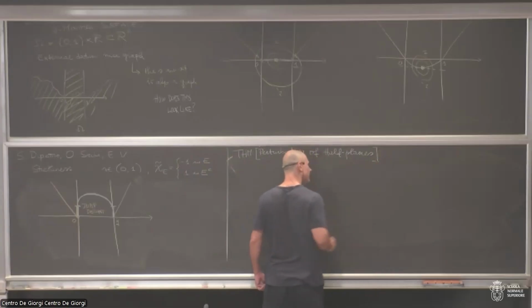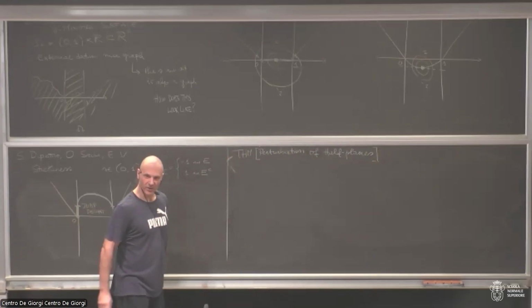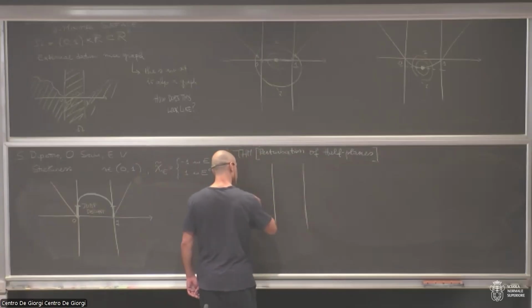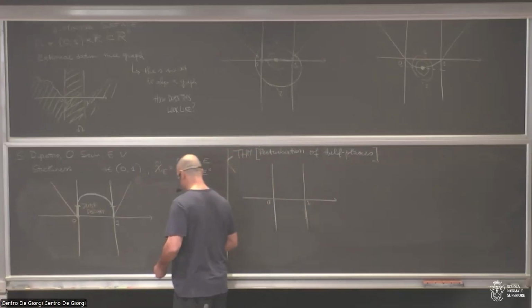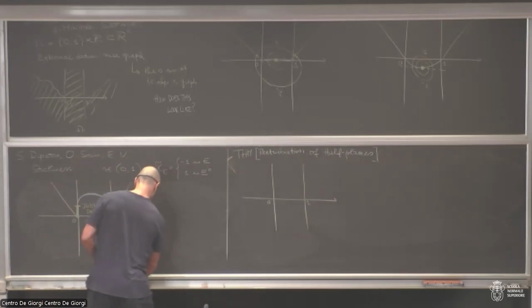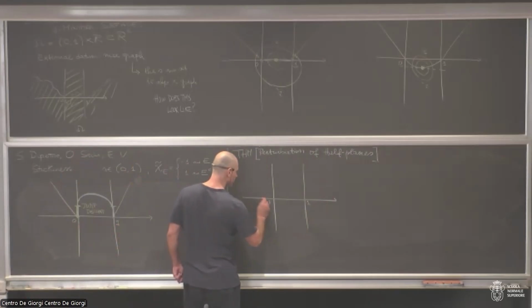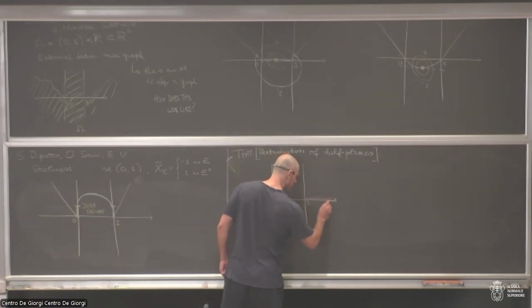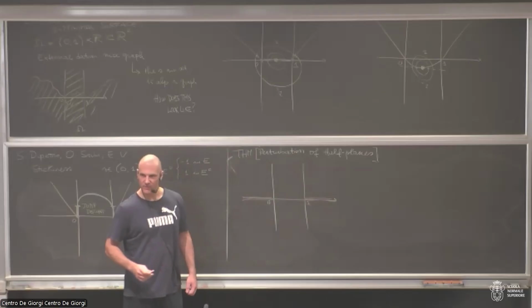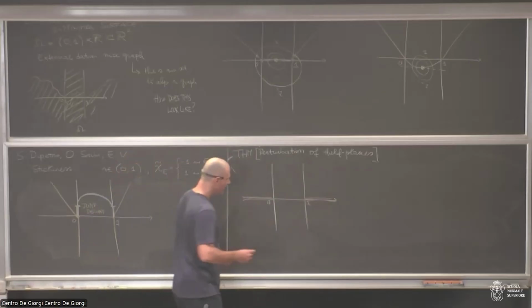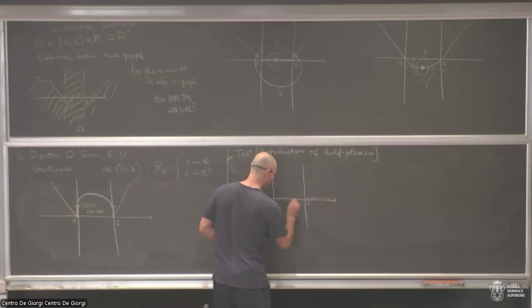So I will not write the formal statement. Again, I will draw a picture. So suppose that your external datum is a half plane. Well, if your external datum is a half plane, your S minimal surface is a half plane as well.